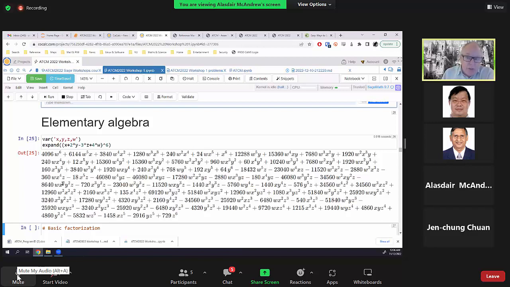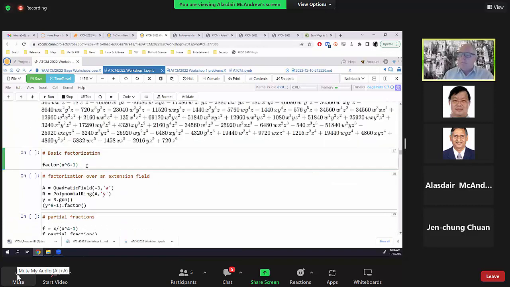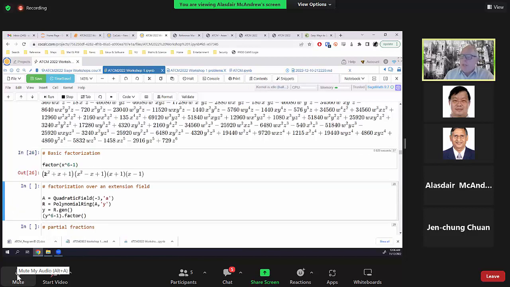And of course, you can factorize, as well as you can expand. I've just put this one here. And there we go. So factorization will aim to factorize over the integers. But we can, with a little bit of work, factorize over extension fields.